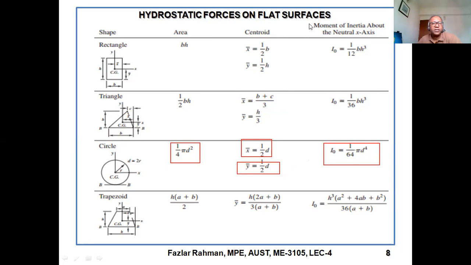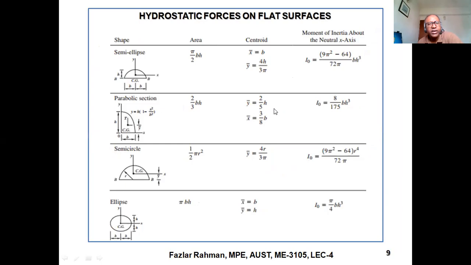Similarly, if I give you an area that is a semicircle and remains underwater, how will you figure out the YCG first? Let me draw a sketch. Say right over here, this is the free surface, and under water, right over here, a half circle plate remains underwater, and vertical height of the top surface is given.